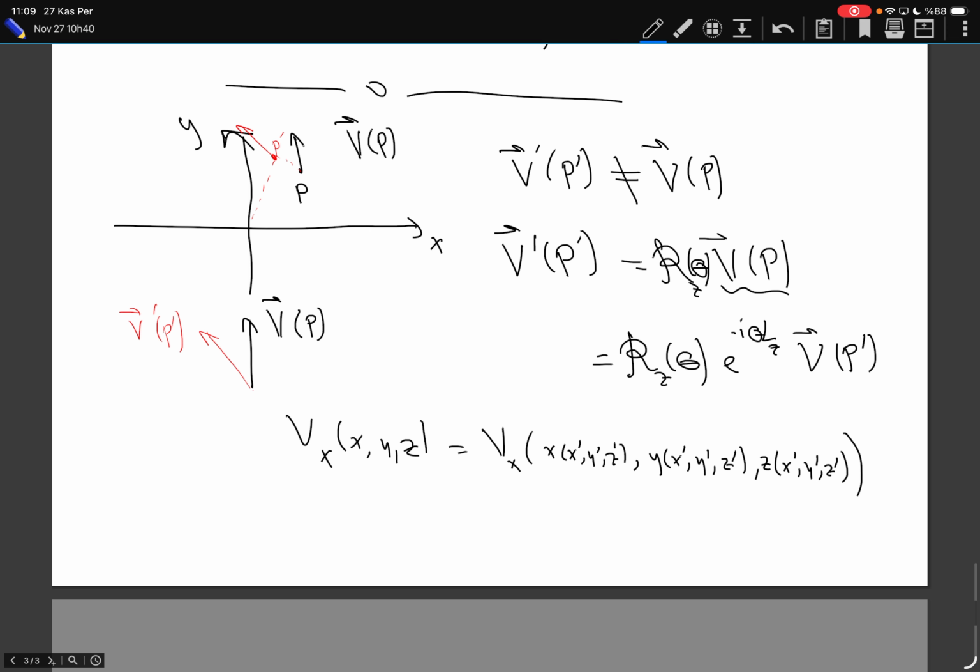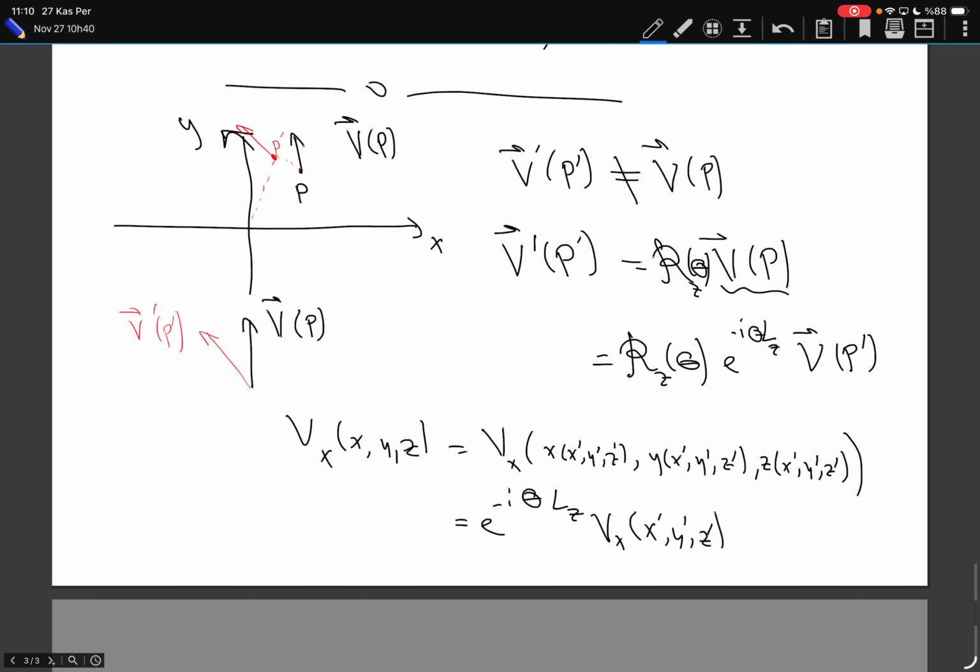I can basically do the same thing I did before. I'm not rotating it; Vx is just a number. So this will be just e to the power minus i theta Lz acting on Vx of x prime, y prime, z prime.